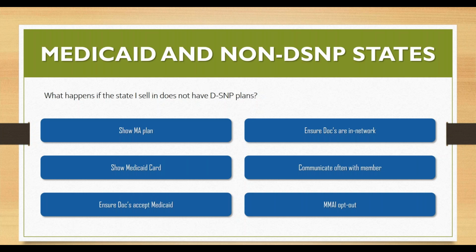You do have to be cautious to look up the doctors to make sure that the doctors are part of the network. Now, if the doctor accepts both the plan and accepts Medicaid, even if the plan calls for a copay, there would be no copay.